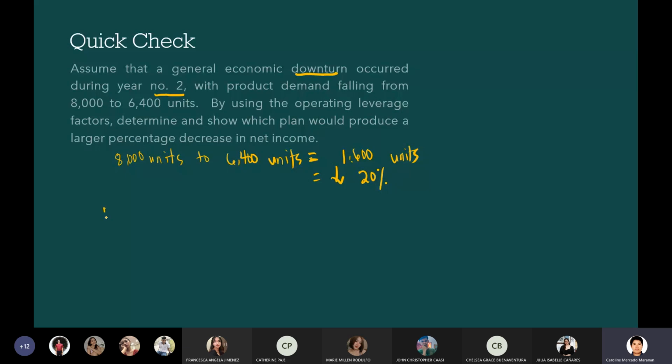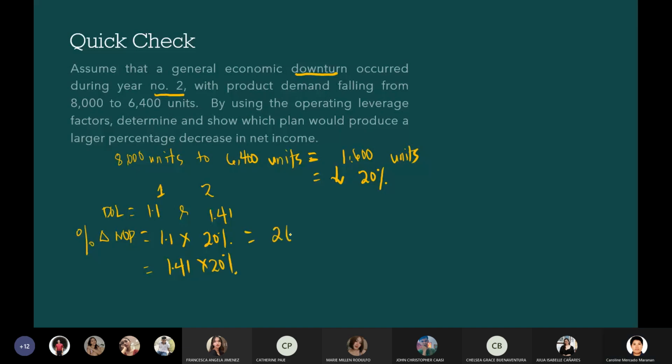So, you have the DOL, okay, na 1.1 and 1.41 for plan 1 and plan 2. So, tingnan natin yung effect niya sa percentage of increase or changes in net operating profit. So, you have here 1.1 times 20% and then 1.41 times 20%.